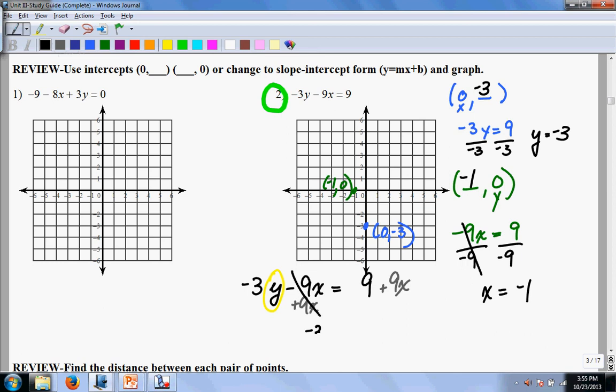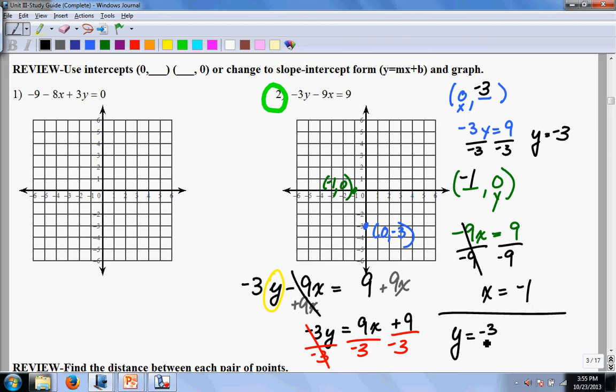Next line reads negative 3y equals 9x plus 9. Divide by negative 3. And we get y equals, negative 3 goes into 9 3 times, so I have negative 3 over 1, x minus 3.